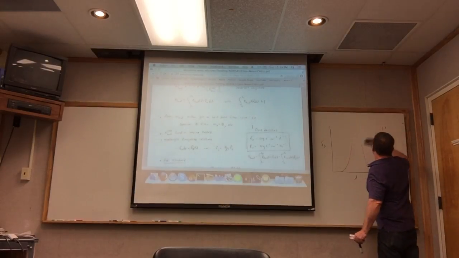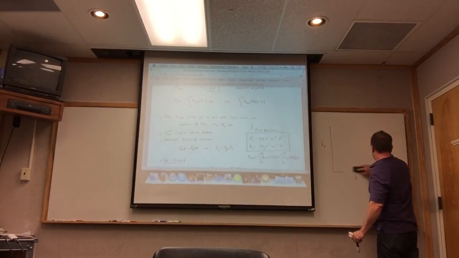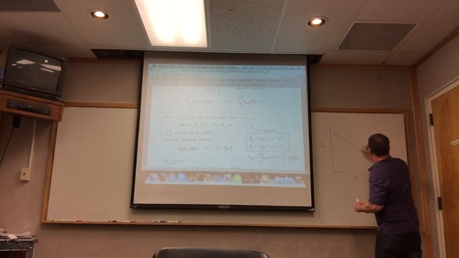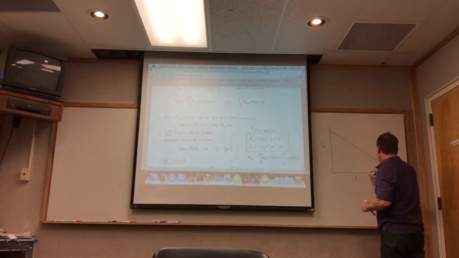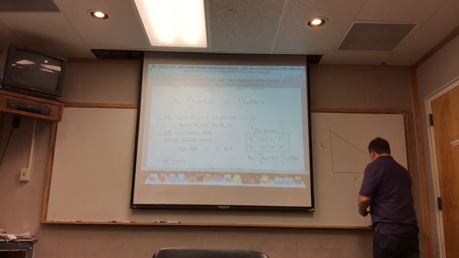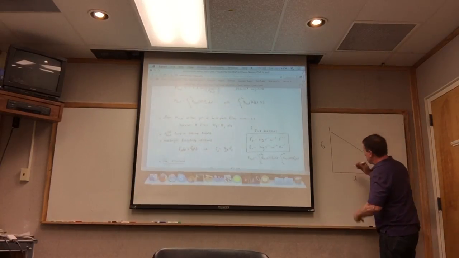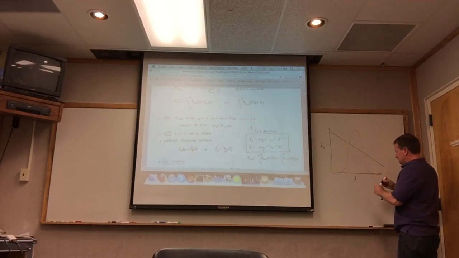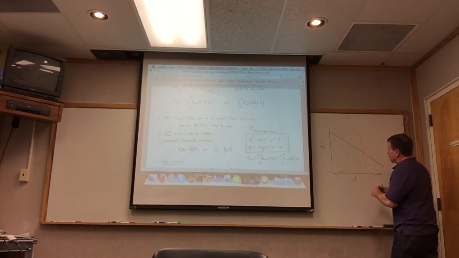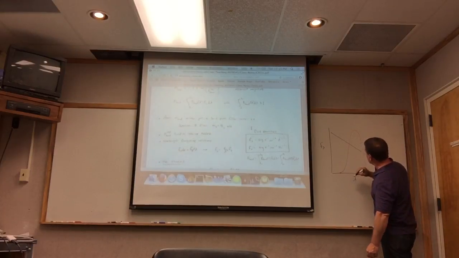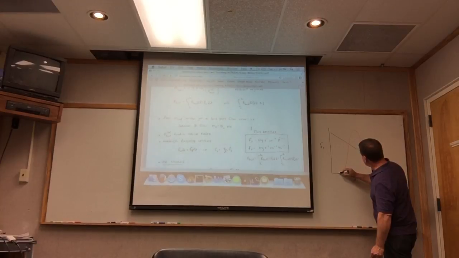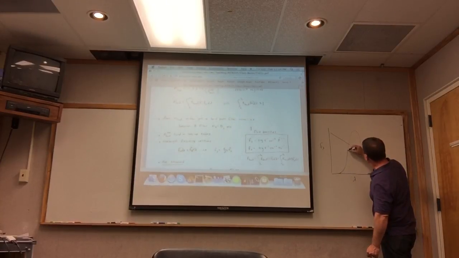But if your flux density was not constant, let's say your flux density did something like this, a nice little power law. And you've got your filter here, which is doing this in shape. So what's the final going to be like? It's going to come up and do something like this.